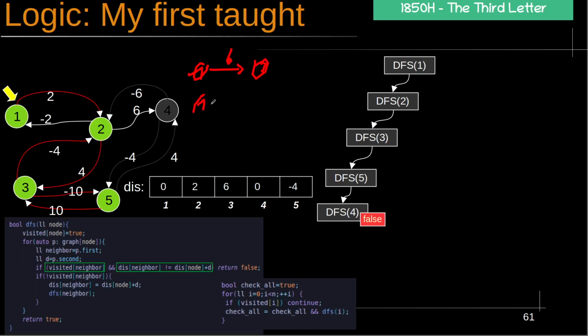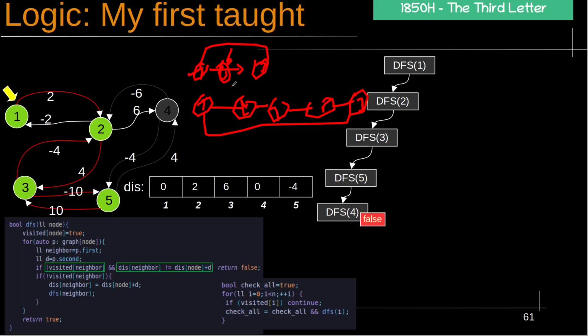Is it the same as the distance from 1 to 2, 3, 5, 3? So this is from 1 to 3. Same here from 1 to 3 is 6. Let's compute this. The distance at 3 is 6.